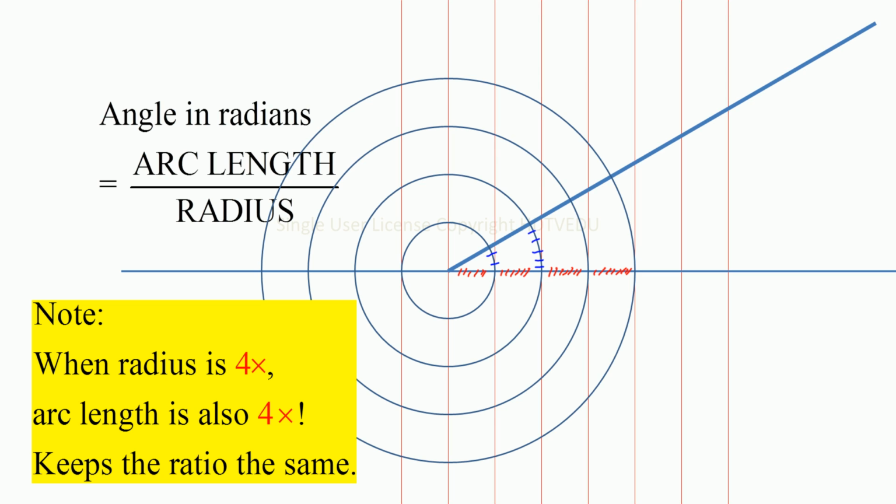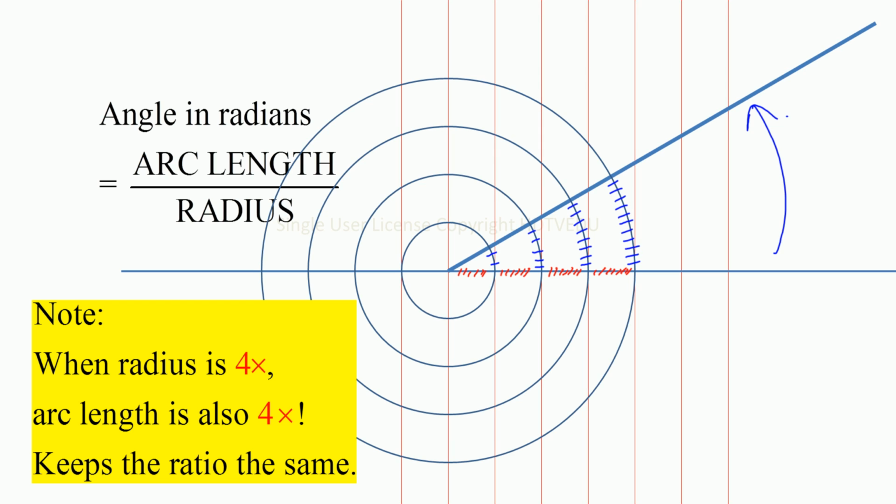At 3r, 1 through 9. At 4r, we have 1 through 12. When you increase the radius to 4r, you get 4 times as much arc length, as long as you keep the angle the same. All right, as long as you keep the angle the same.